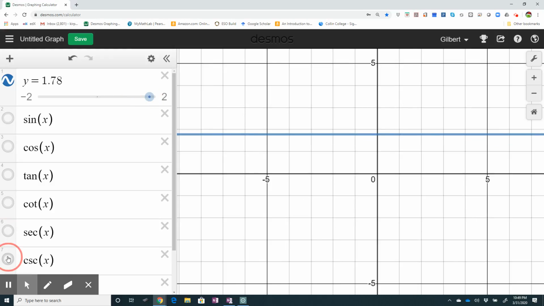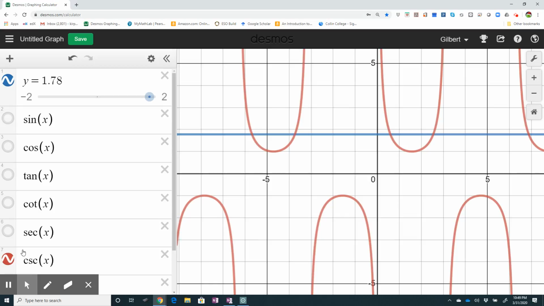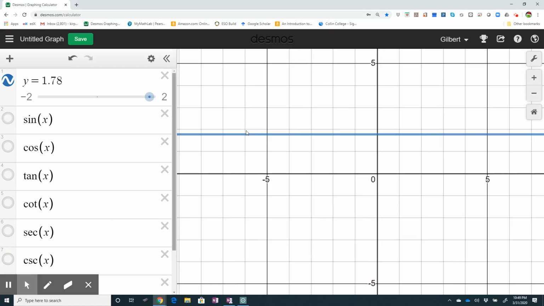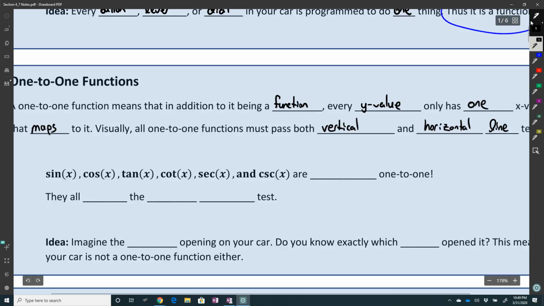So that fails, and cosecant fails. So every single one of them fails the horizontal line test. So all these functions are not one-to-one. They all fail the horizontal line test.